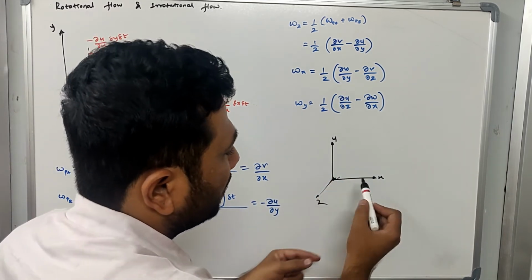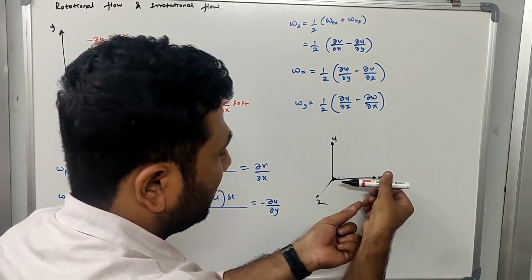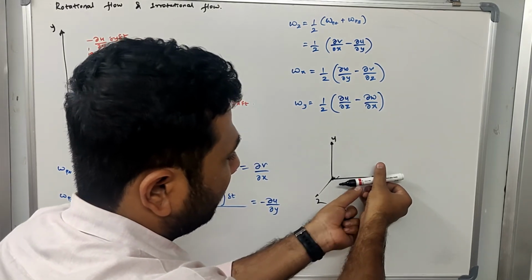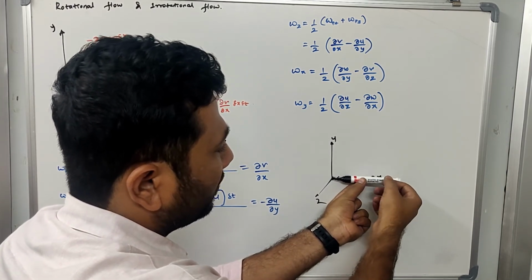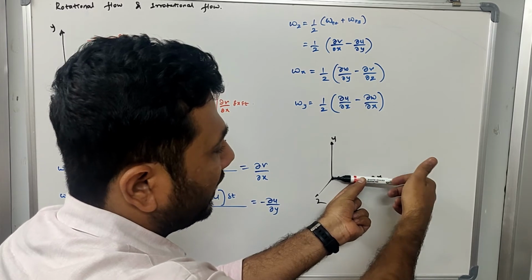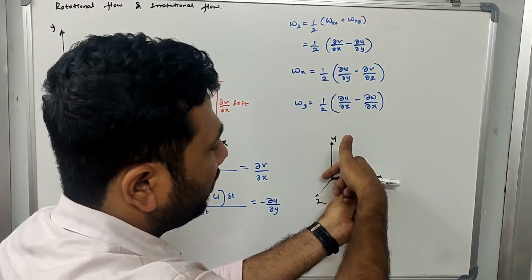So these are the x and y values, right? Now you can imagine if I keep it here and rotate this particle over here, now this particle is rotating about the x-axis and the plane on which it is rotating is y and z.